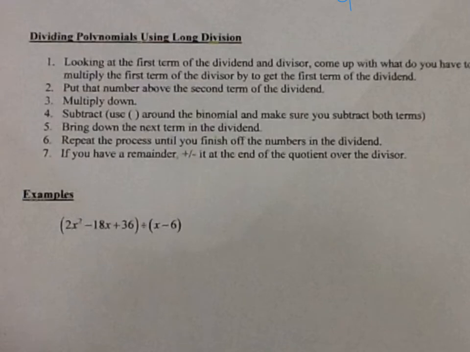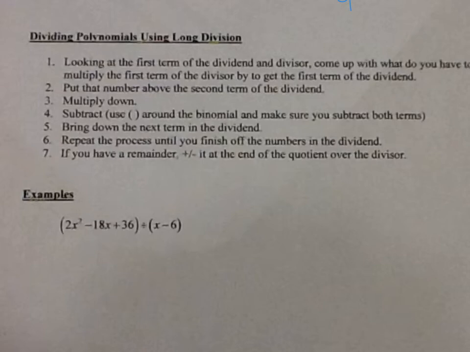Okay, so let's just take a look at the rules here, what to do. So you're going to look at the first term of the dividend, that's the number that's underneath this symbol, and the divisor, and come up with what you need to multiply the first term of the divisor by to get the first term in the dividend. All right, so let's set this up.